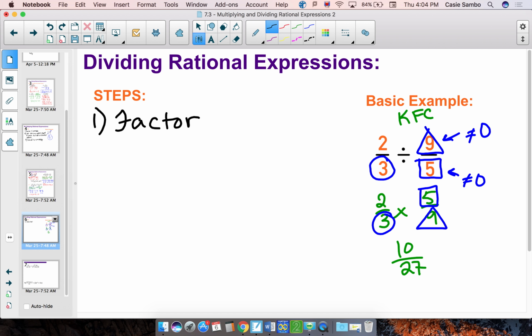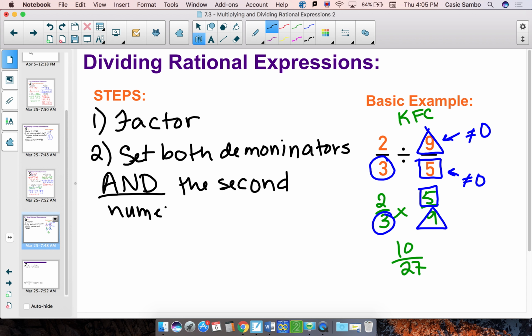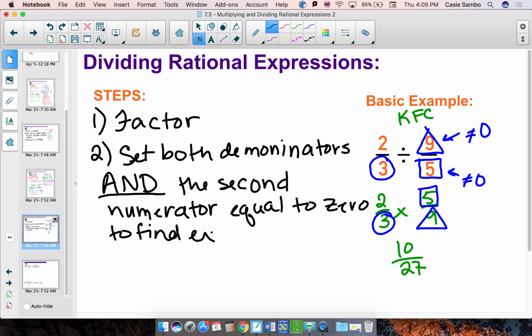So when we're looking for our excluded values when we are dividing, we have to set both denominators, like before, and the second numerator equal to 0 to find excluded values.